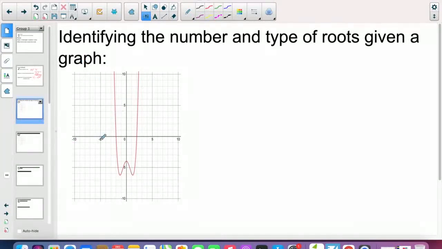Okay, well, we can see that right here at -2 and right here at 2, we have two real roots. Now, how do you tell the degree of a polynomial equation? Well, that's really easy. To figure out the degree, it will equal one more than the number of curves in your graph.